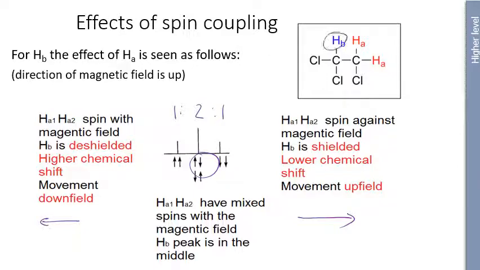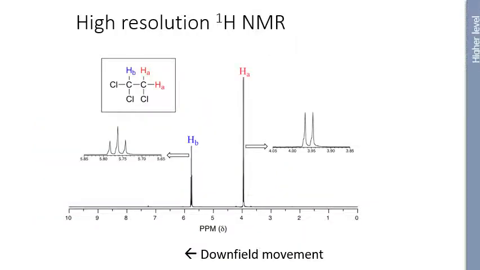Okay, so it's now moving upfield. So what you do see then is essentially a doublet for HA and a triplet for HB, because remember HA is going to be equivalent to each other.